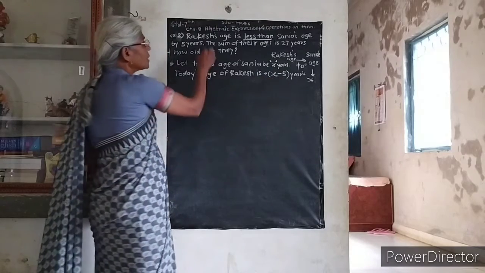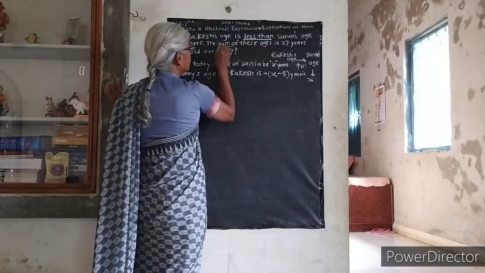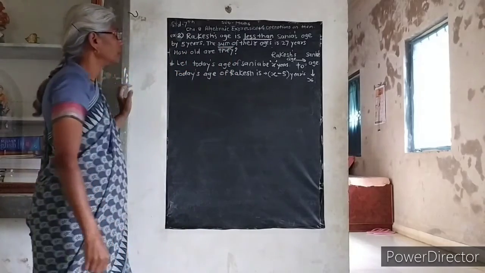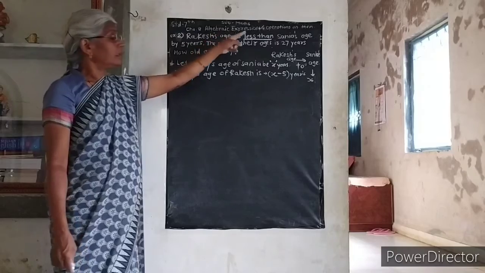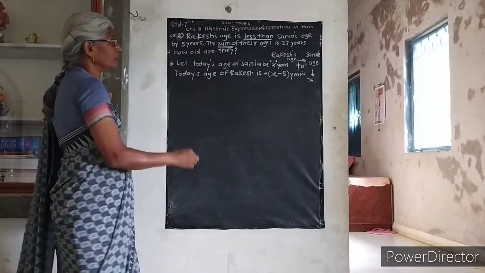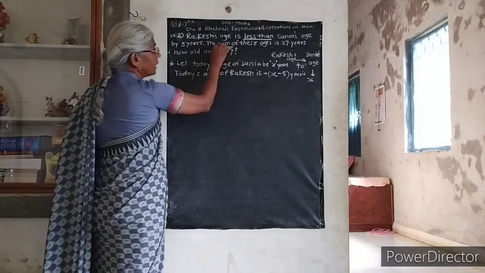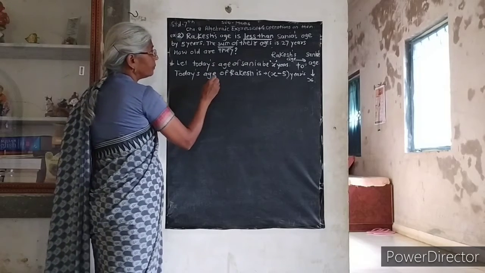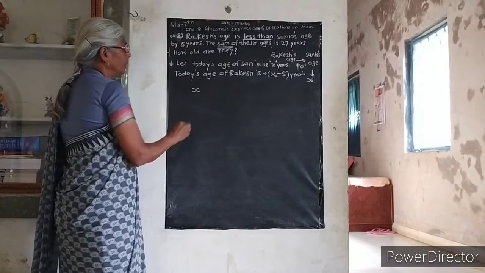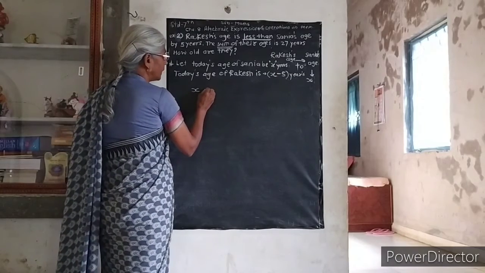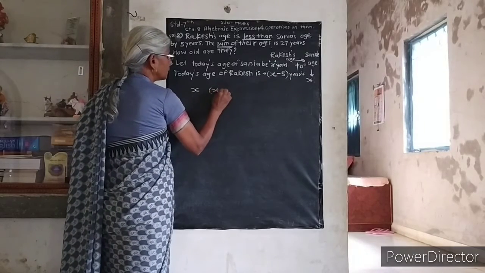Then next, the sum of their ages. Sum guides us about the algebraic operation. Sum means addition. Therefore, Sania's age is x and today's age of Rakesh is x minus 5.